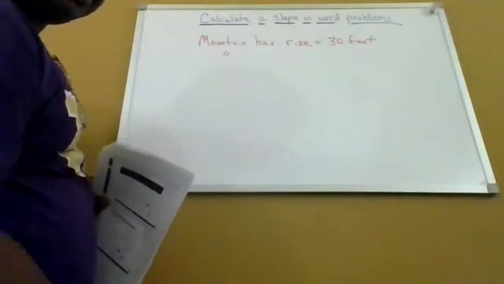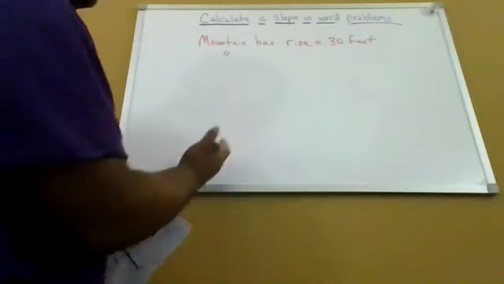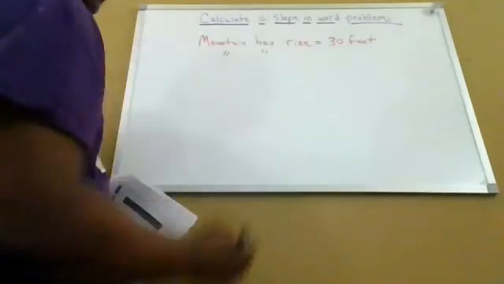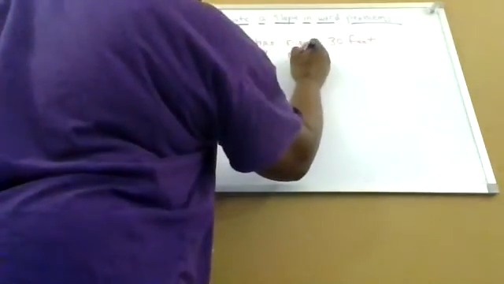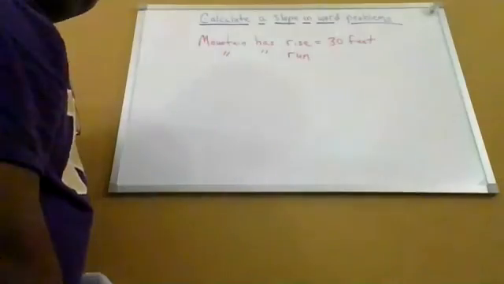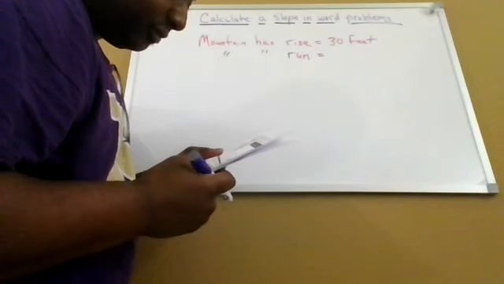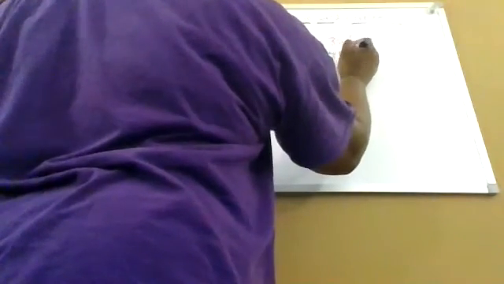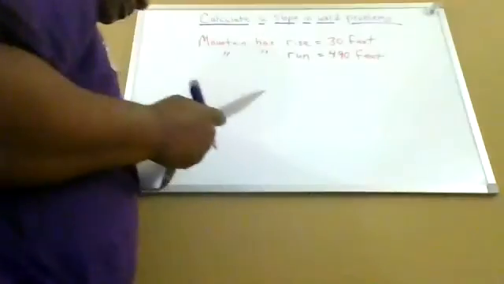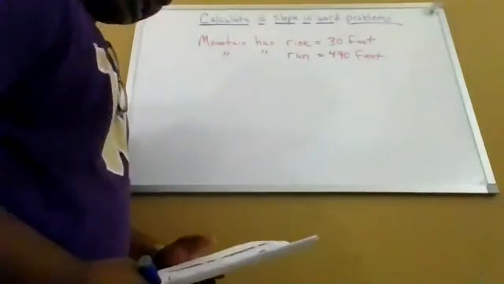Using ditto marks to not have to write mountain again. Mountain has a run equal to 490 feet. What is the slope?